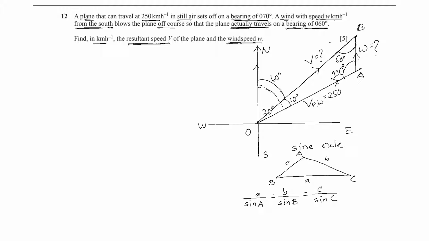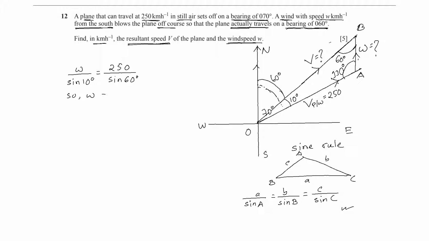Now let's focus on our original triangle OAB. The opposite angle of the side AB is 10 degrees and the opposite angle of side OA is 60 degrees. So using the sine rule, we can write W over sine 10 degrees equals 250 over sine 60 degrees.